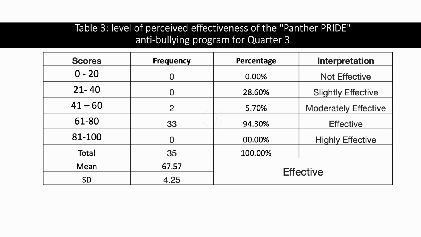For research question 1.3, again, please note that the frequency and percentage values were derived from the contingency tables, while the mean and standard deviation were obtained from the descriptives table. And the possible table presentation for research question 1.4.